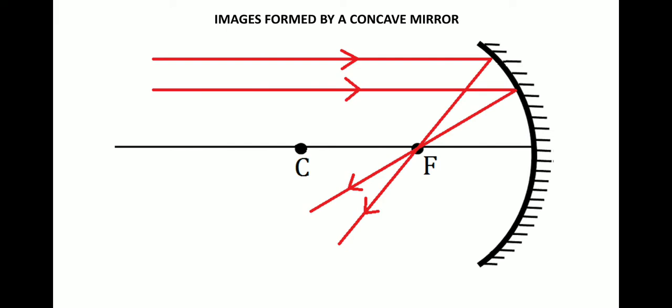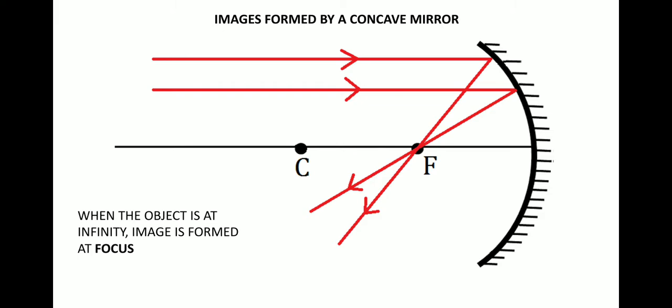So when the light intersects at the focus, we consider the point of intersection as the point where the image is formed. So over here, when the object is placed at infinity, the image is formed at the focus.